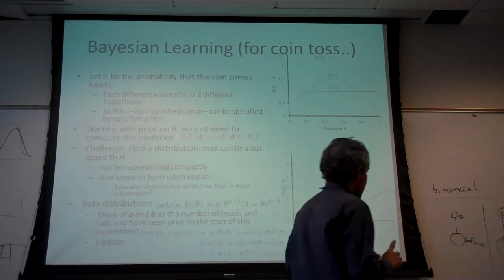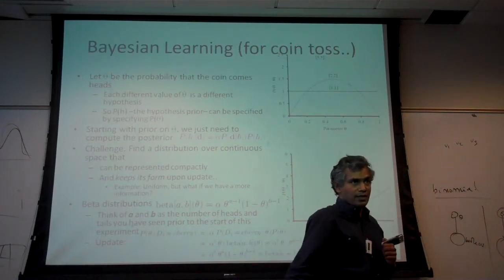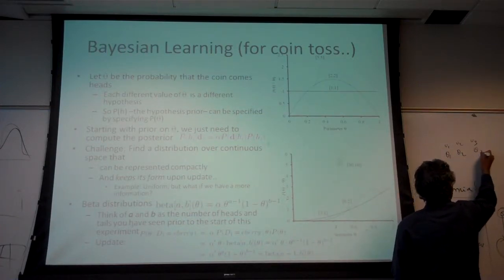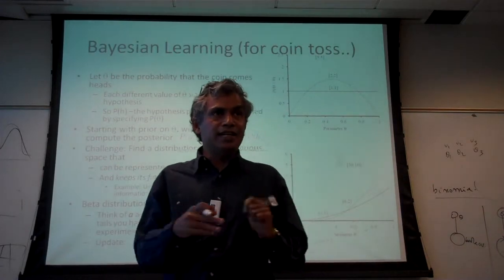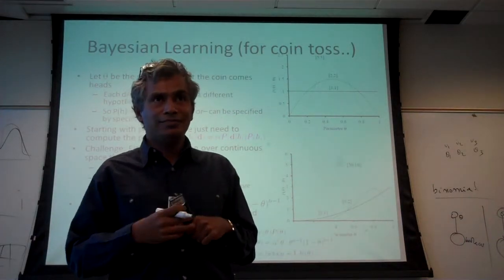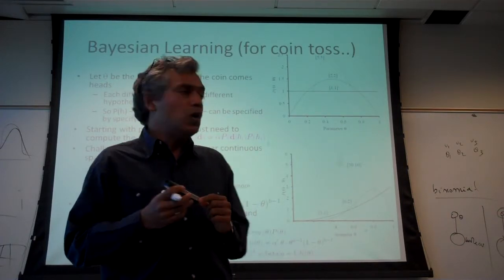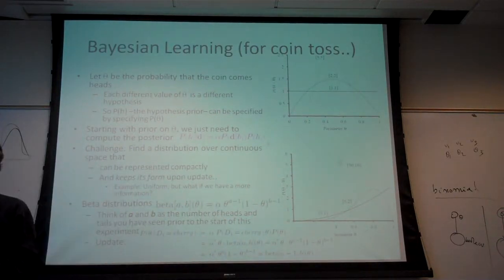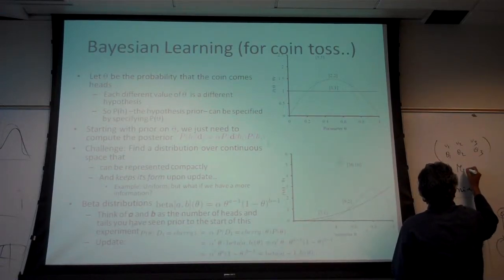For example, if you have a variable which can take values v1, v2, v3, then essentially you have 3 parameters, theta 1, theta 2, theta 3. They can all be varied while keeping theta 1 plus theta 2 plus theta 3 equal to 1. So then you need some sort of generalization of the beta distribution. This is called the multinomial distribution.